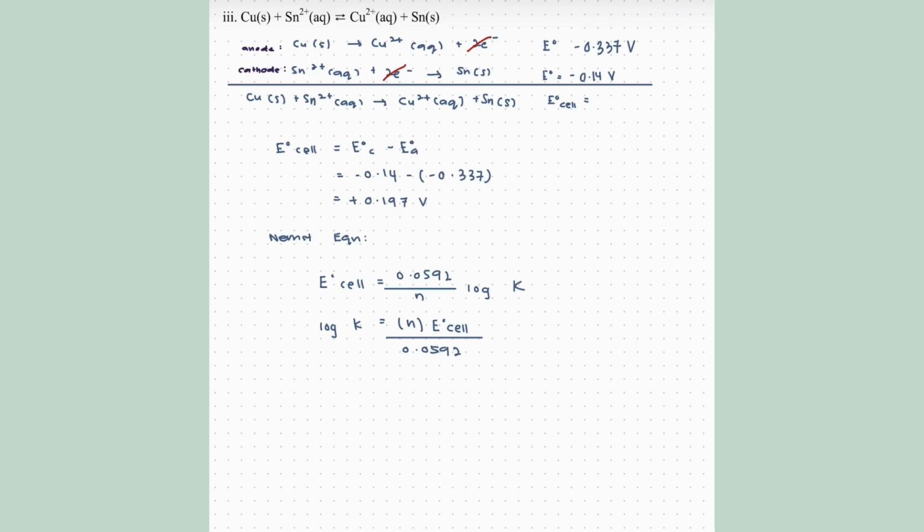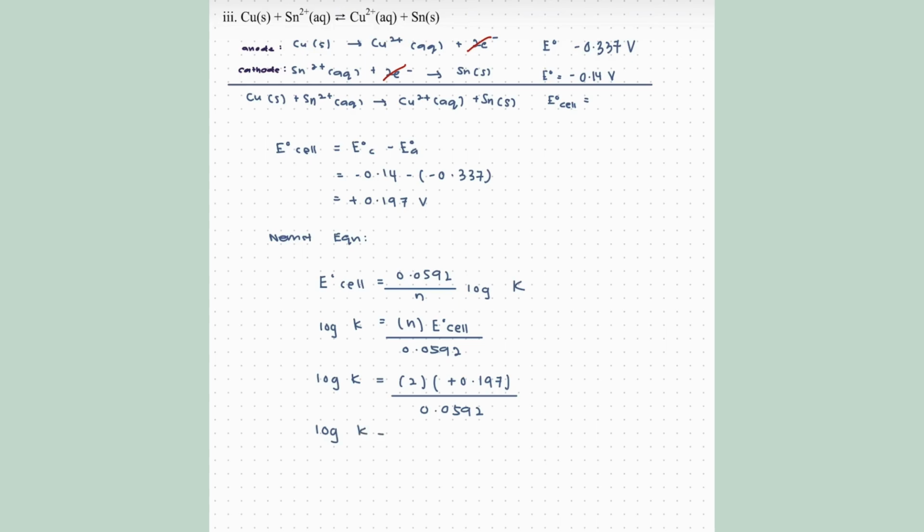Okay, so to determine the equilibrium constant, we need to use the Nernst equation. So log K equals 2, which is the number of moles from the above equation, times positive 0.197 over 0.0592.